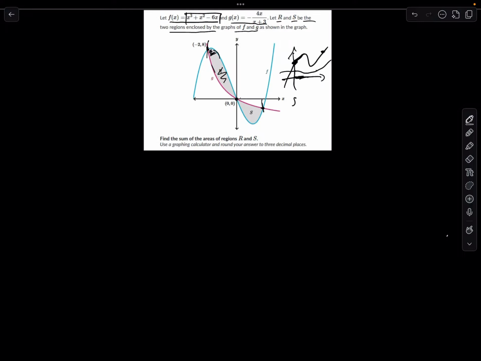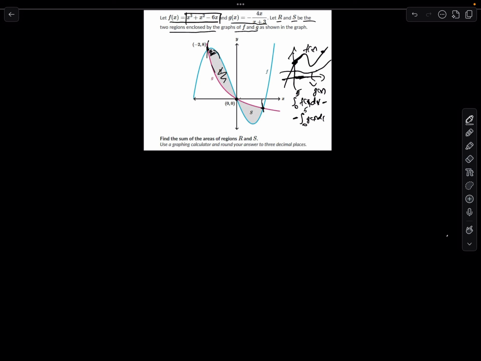Say from 0 to 5, the bigger function is f of x, so you take the integral from 0 to 5 of f of x dx, and you have to subtract the integral from 0 to 5 of g of x dx, where g of x is this smaller function.